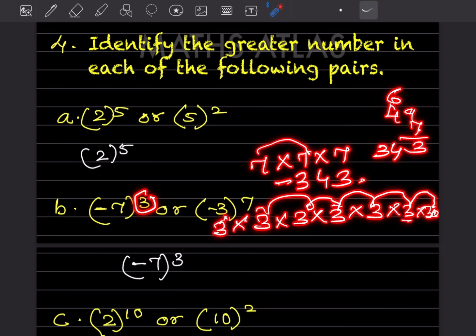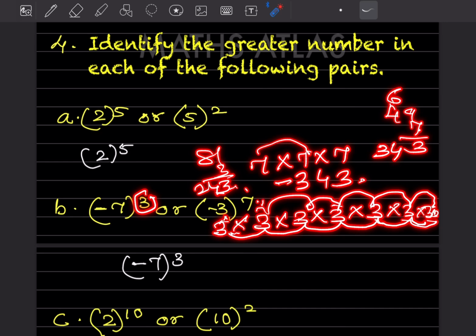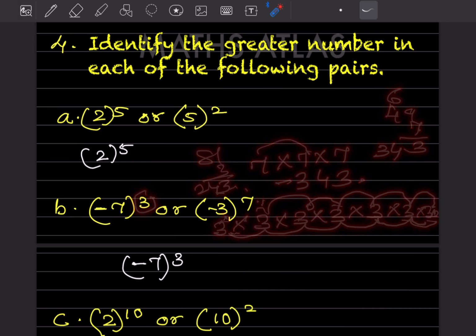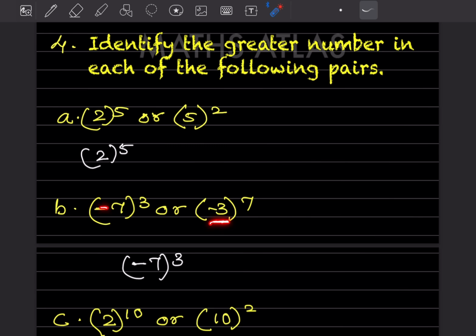So we can do it like this. 3 3s are 9, 9 3s are 27, 27 3s are 81, 81 3s, so that is going to be 243, 243 3s, whatever this is. So that is going to be a big number.